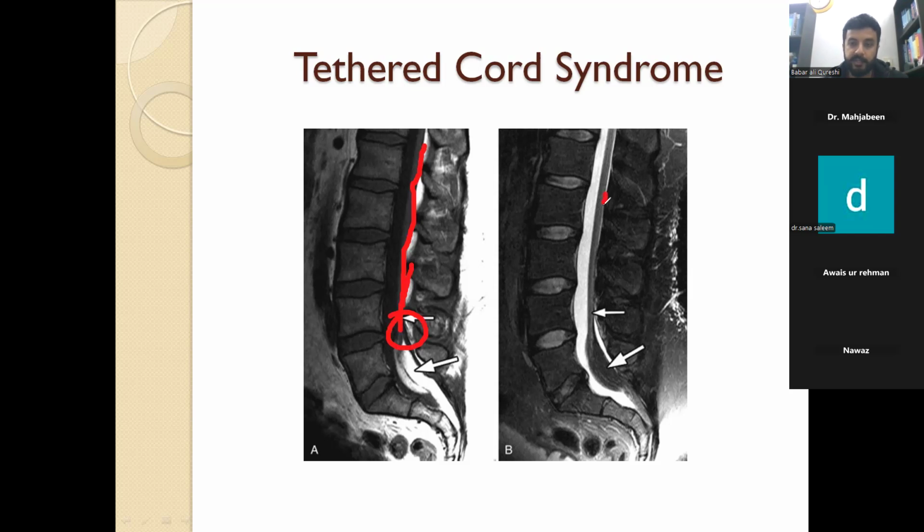Here we can see this is spinal cord, which was supposed to end at the L1. It is still going downwards, and this is some kind of tissue which is holding it downwards. This is thick filum terminale actually.